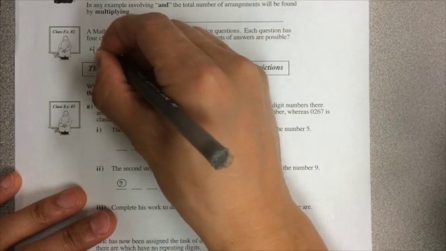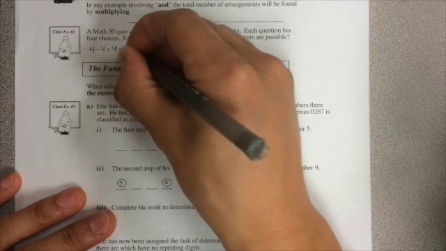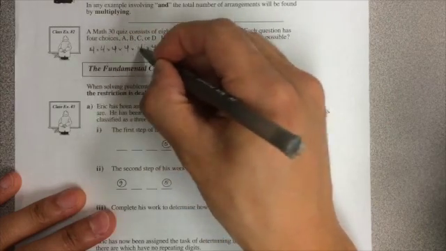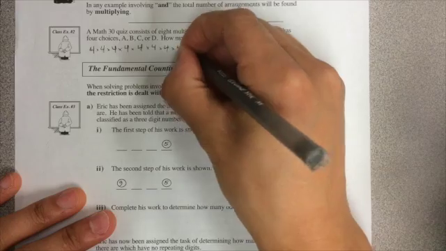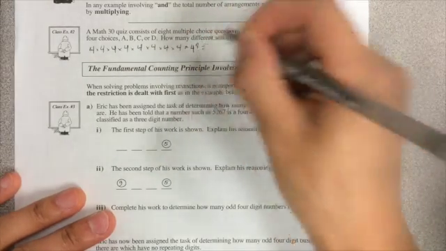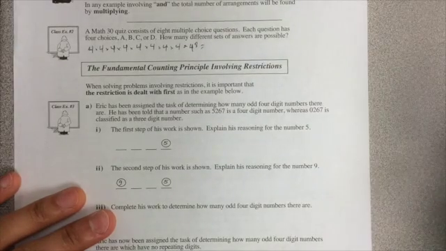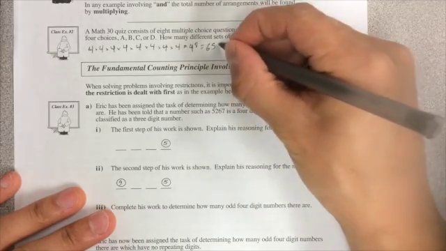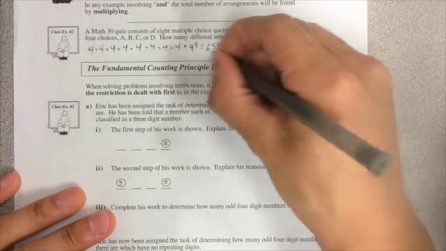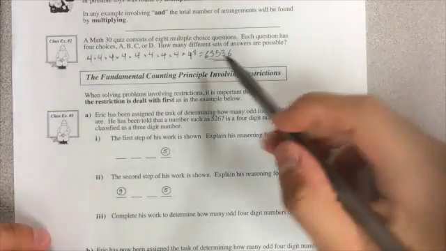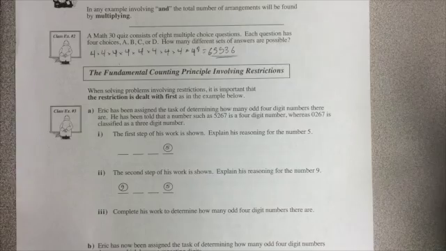That becomes 4 times 4 times 4 times 4 times 4 times 4, 1, 2, 3, 4, 5, 6, 7, 8 times 4, or 4 to the power of 8, and I get 65,536. So that's the number of answers that are available with this multiple choice test.